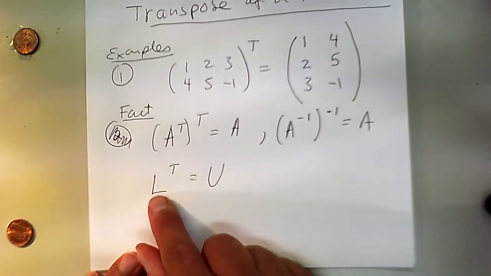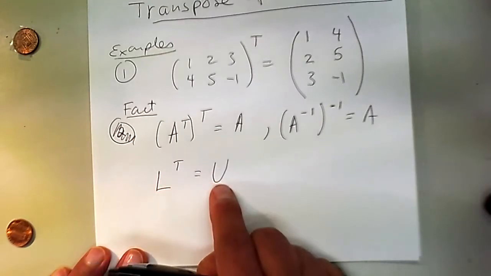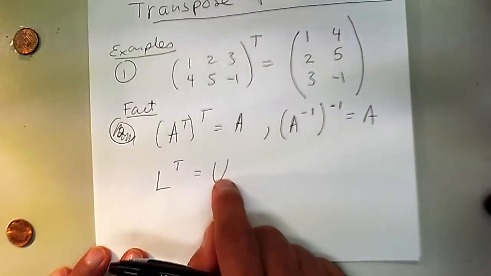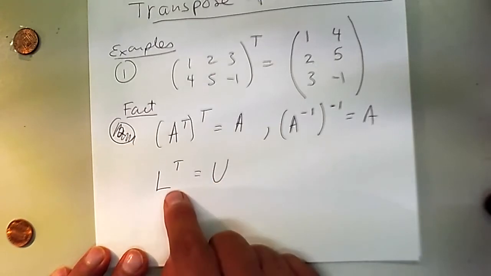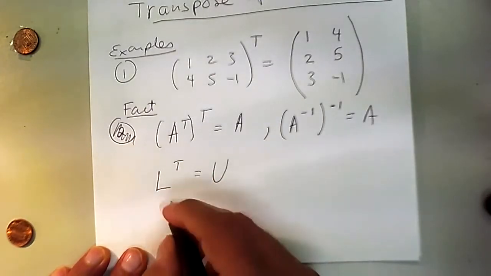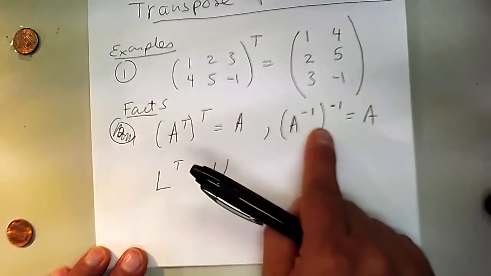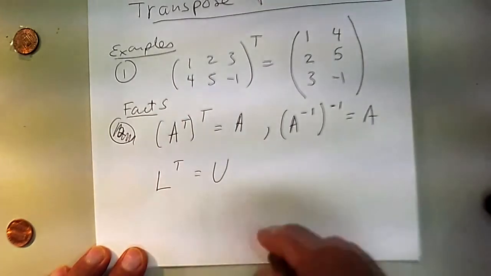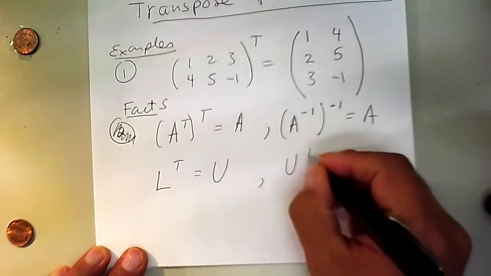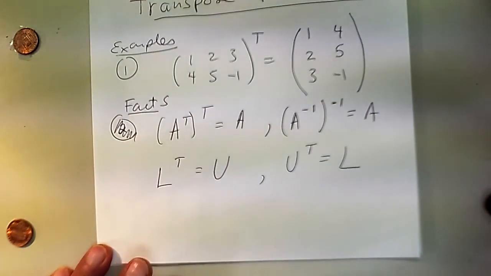I'm not saying any specific one, this is generic. When we transpose a lower triangular matrix, we end up with an upper triangular matrix, and vice versa. So these are two separate facts. This is another fact. If you take an upper triangular matrix and you transpose it, you end up with a lower triangular matrix.